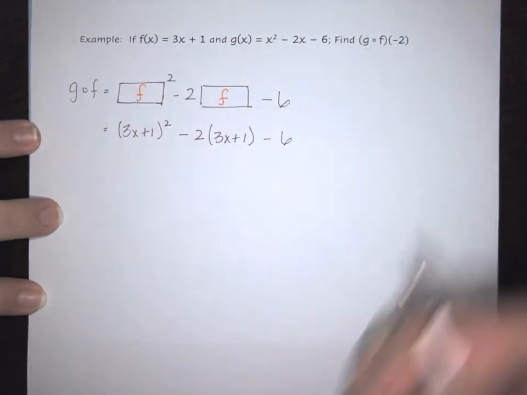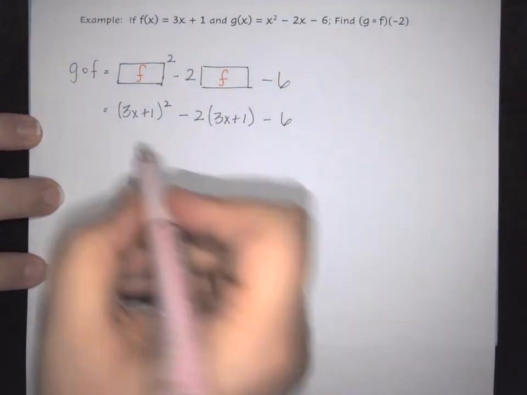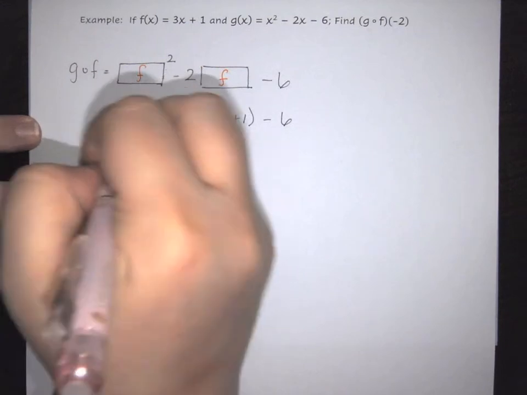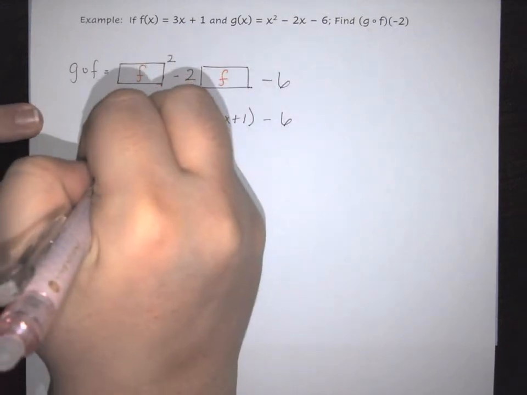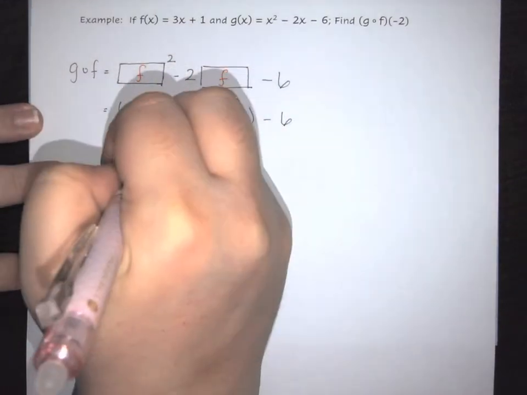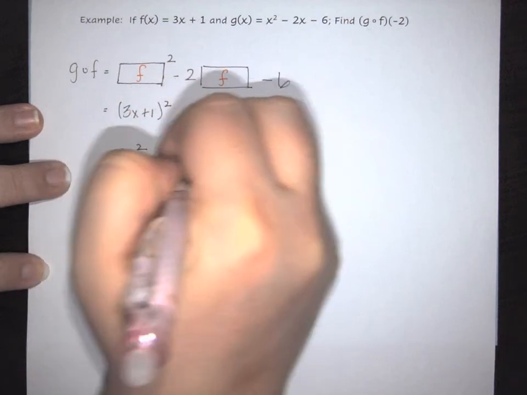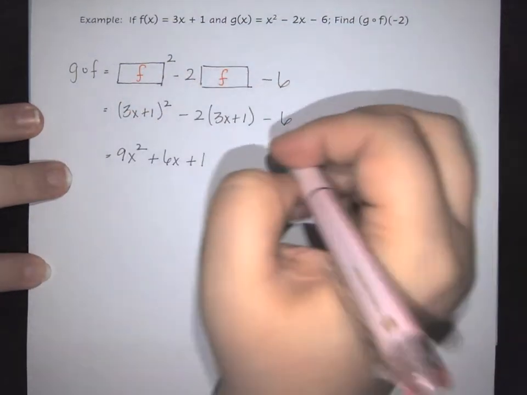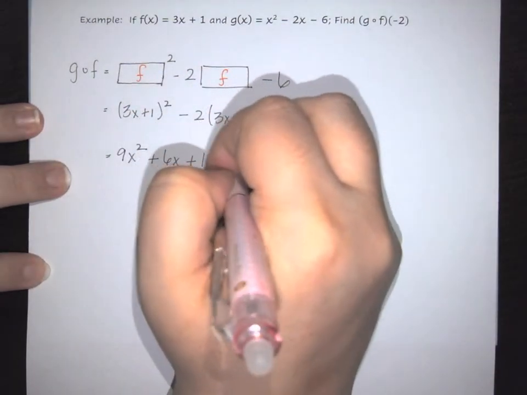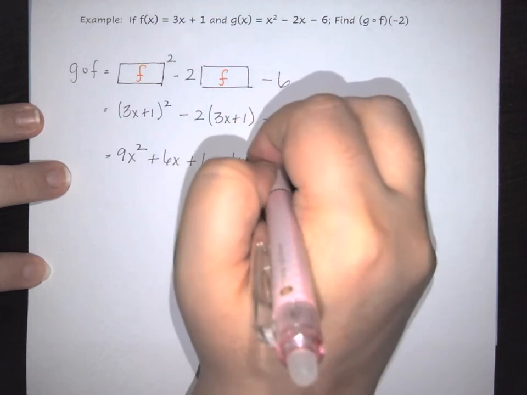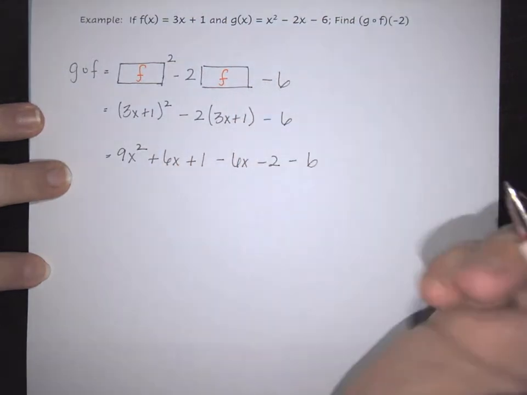So this is going to be (3x plus 1) squared minus 2 times (3x plus 1) minus 6. Again, we're going to distribute the first. So this is going to be 9x squared plus 6x plus 1, and then minus 6x minus 2 minus 6.